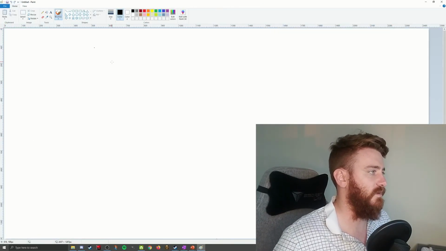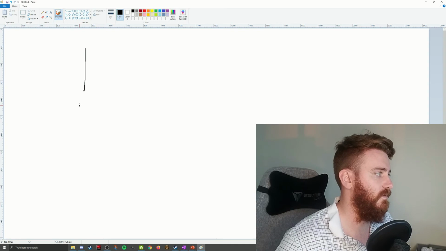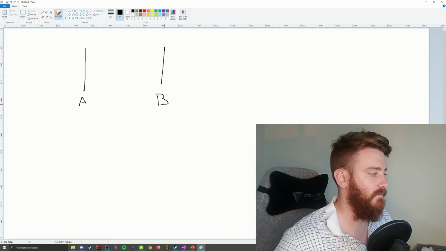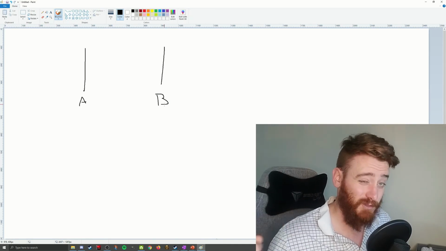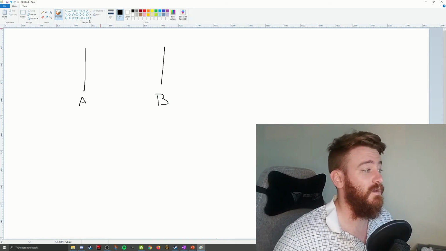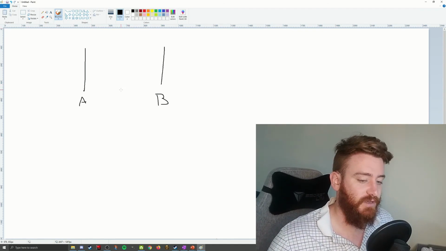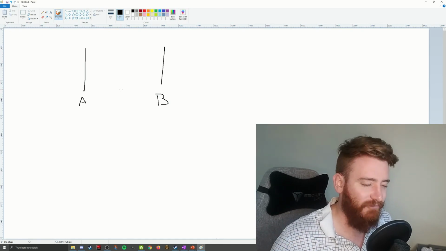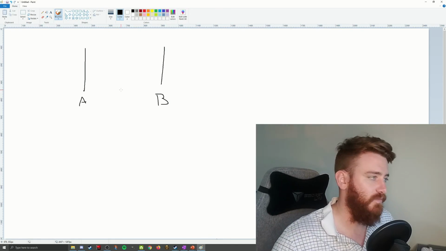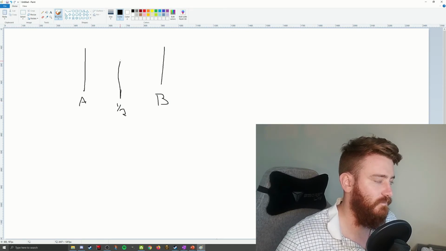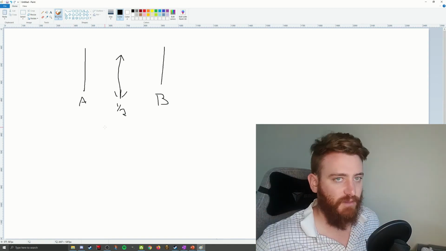Basically, what I'm thinking of is you have A and B, okay? And forgive my terrible drawing. I'm even worse with pen and paper, if you can believe that. So what this theorem is stating is that essentially it's logically impossible to ever get from point A to point B, because no matter where those two points are, you can mark a point as halfway between A and B. If you're getting from A to B, you have to get halfway there.